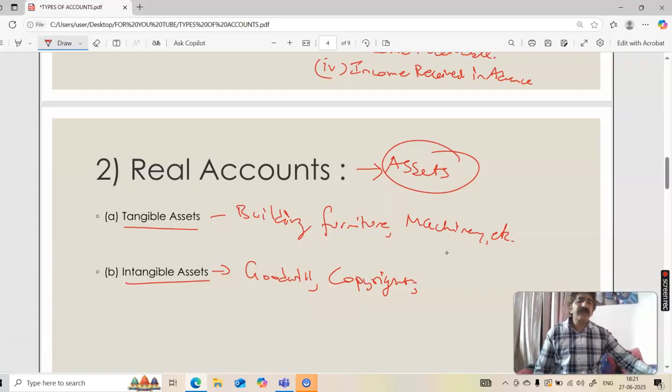Like movies are remade, Don was remade. Farhan Akhtar, who made the remake of Don, had bought the copyright from the original producer. Patent is a license to manufacture a product. So goodwill, copyright, patent, these are intangible assets.